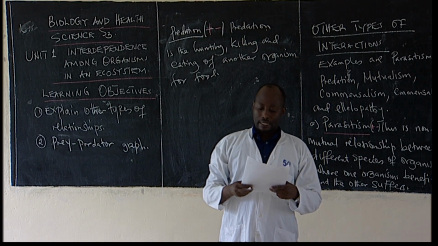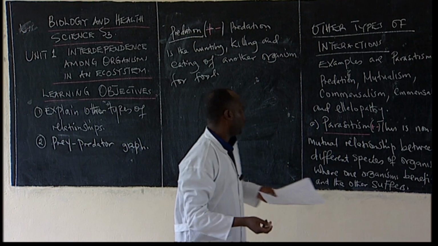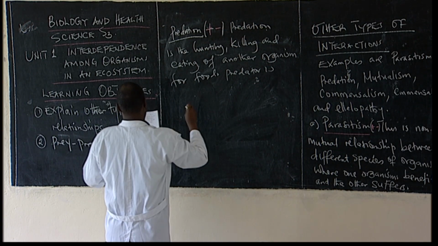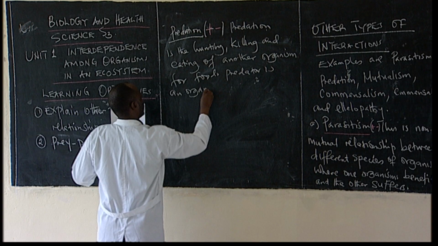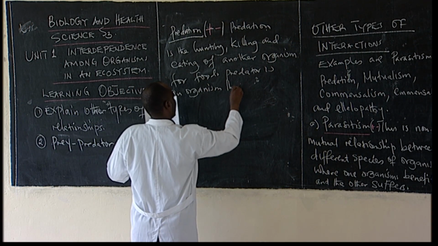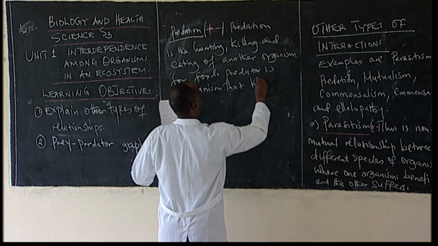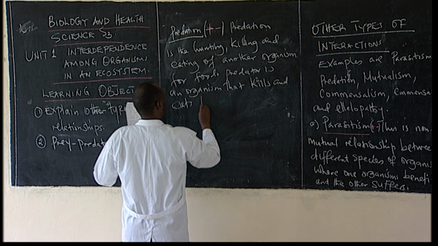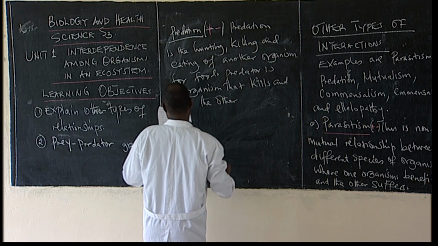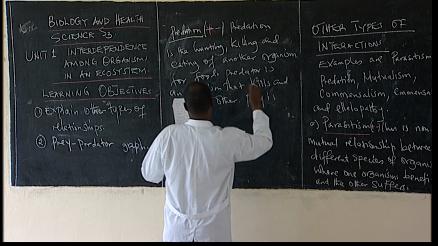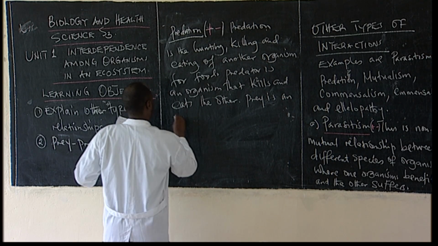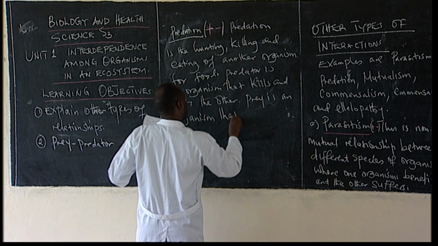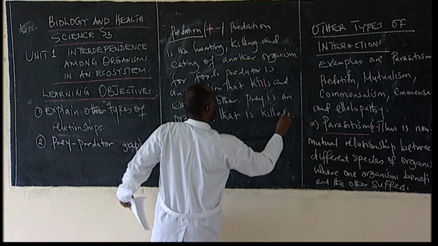A predator is an organism that kills and eats another organism, and the prey is an organism that is killed and eaten.